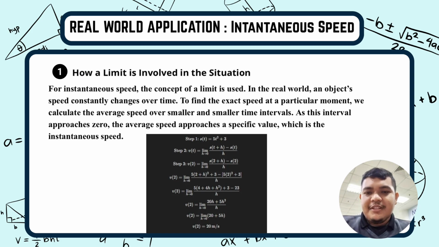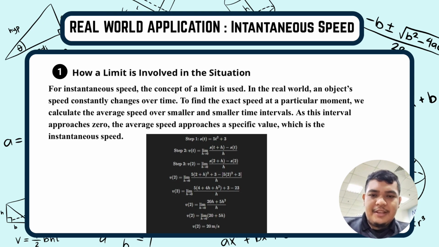Real-world application: instantaneous speed. How is a limit involved in this situation? For instantaneous speed, the concept of a limit is used in the real world. An object's speed constantly changes over time.